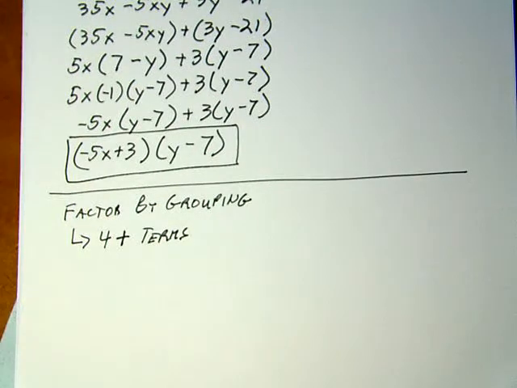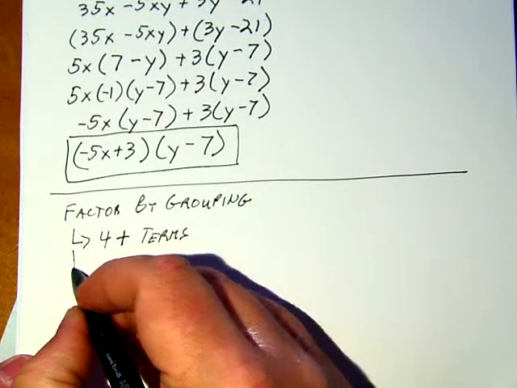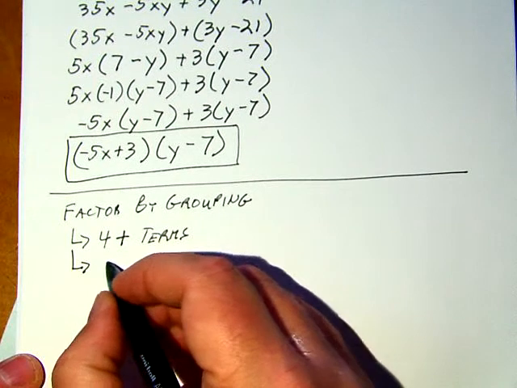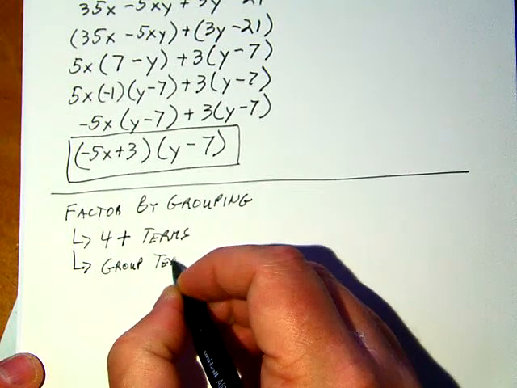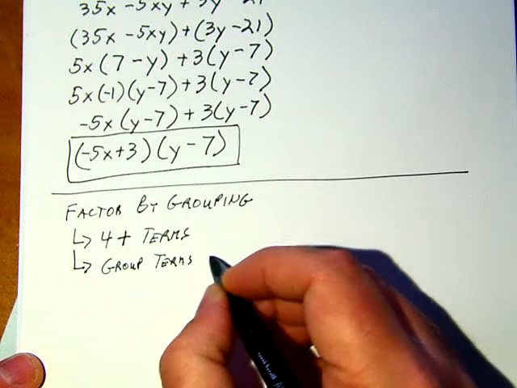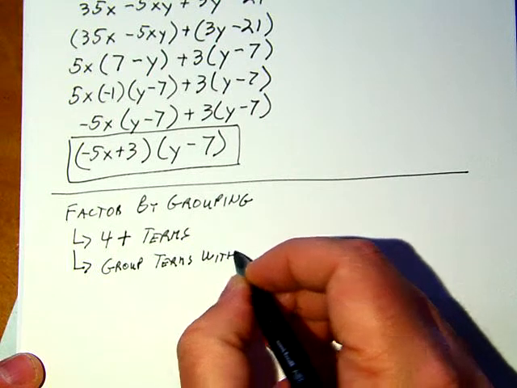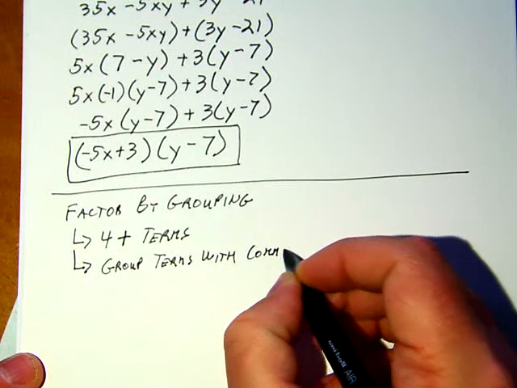Otherwise, grouping won't give you the reverse distributive property that we're looking for. Okay? Then, if you have that, then what do you do? Group terms with some kind of common factor.